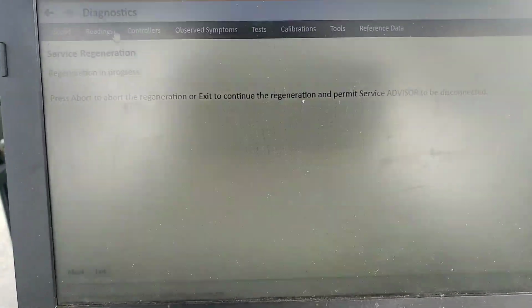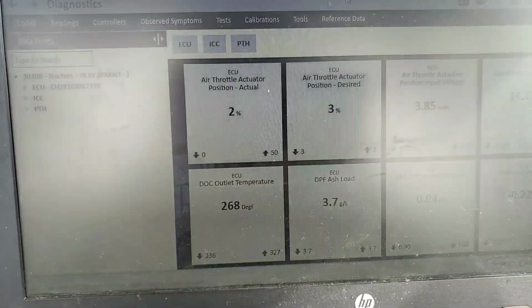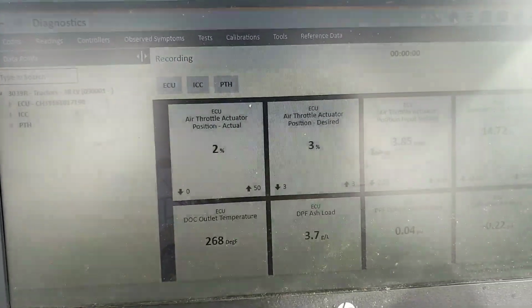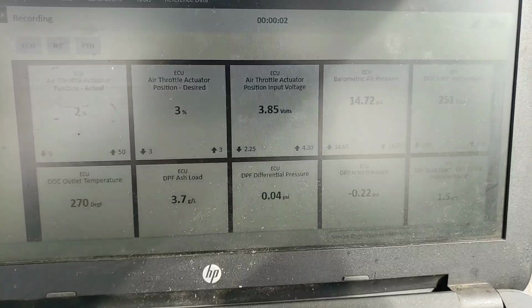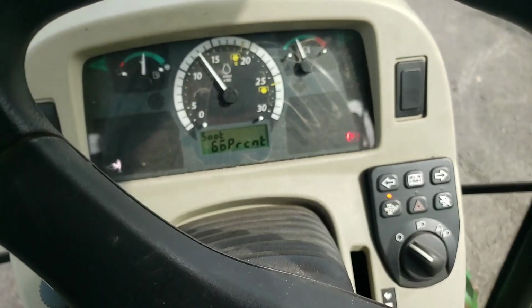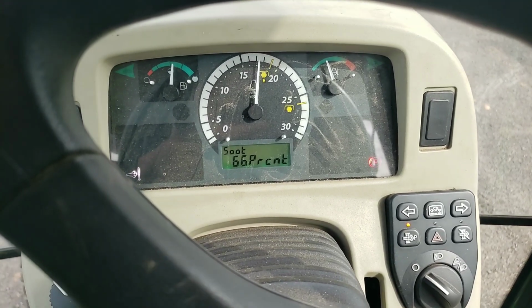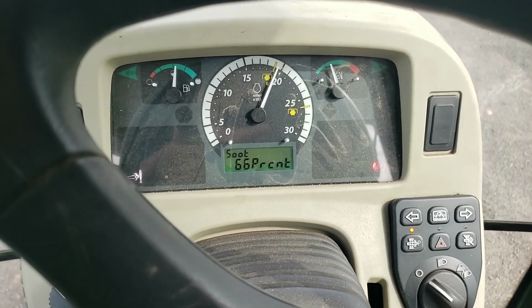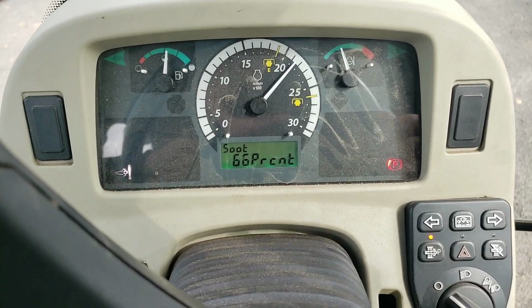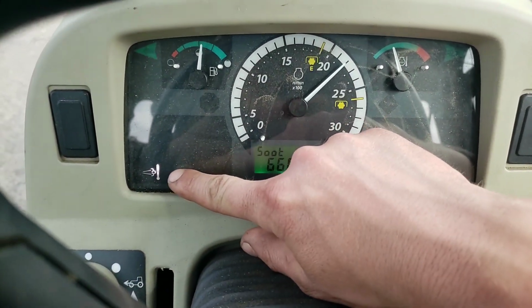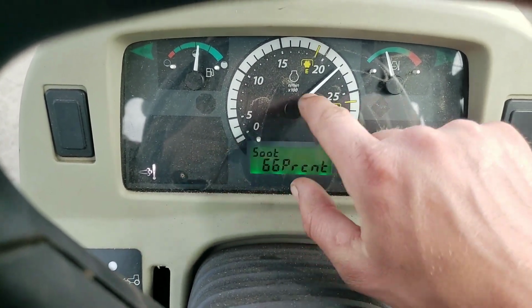And we'll kick back to our readings here, and we're going to hit our record button. And then this thing's going to idle up on its own. Our light's going to come on here to let us know we're in regen.